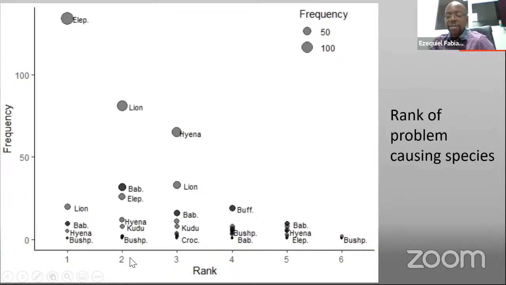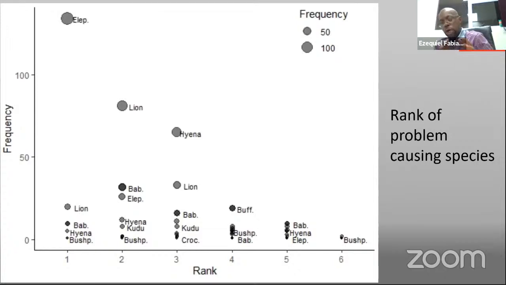The second-ranked species, the highest one, was lion, and you also have baboons, but elephants also feature there, hyenas also feature there, kudus also feature there, and then fourth as well, hyenas and lions also feature. And the least-ranked problematic species in this case was bush pigs.